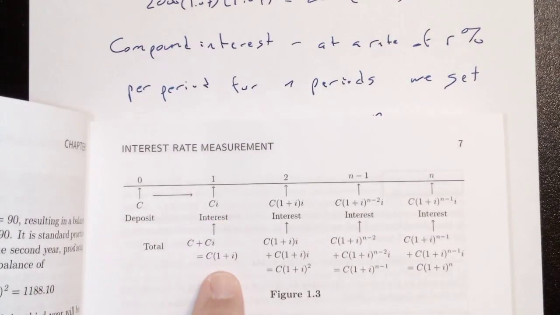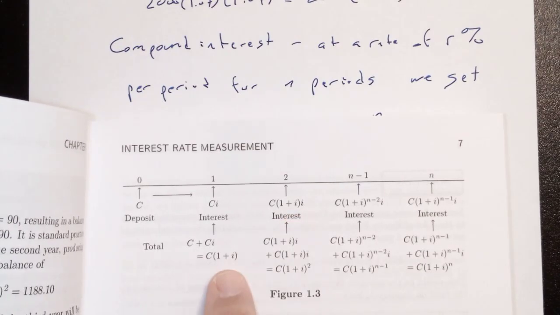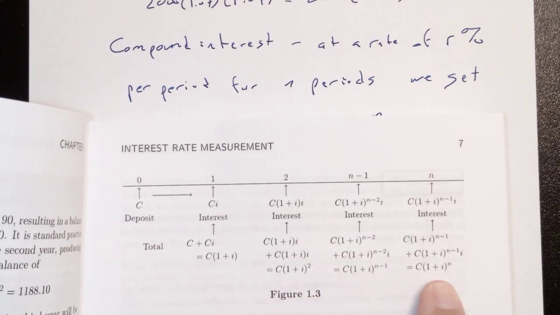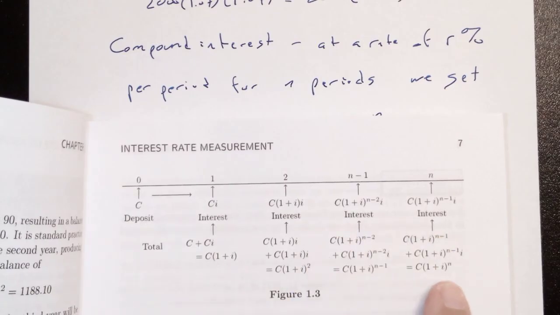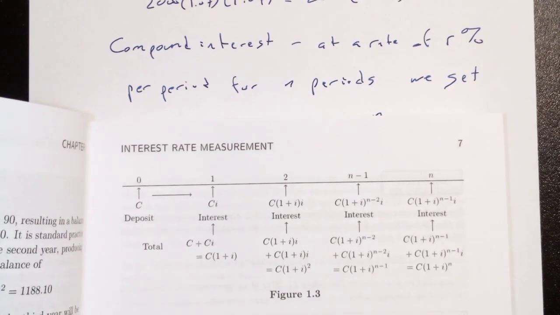So here's our accumulated value. We had another interest payment because this much was in the bank. It earns interest. We add that on. There's our square. Keep going. We end up eventually with an accumulated value, 1 plus i to the n. Now this assumes a deposit value of C, current value, yes. It depends on how we look at it.